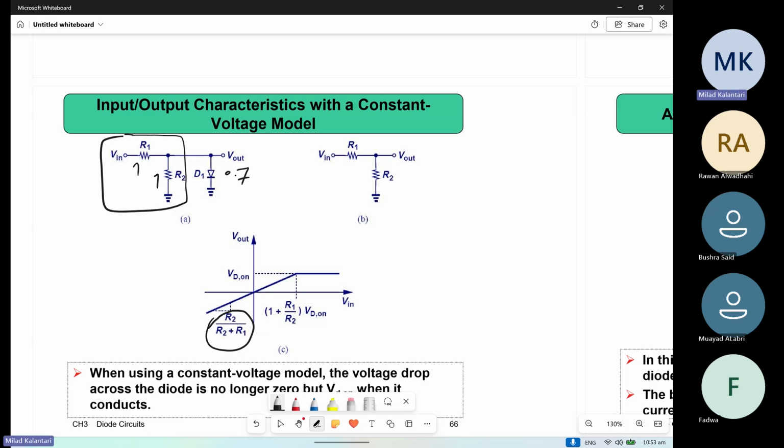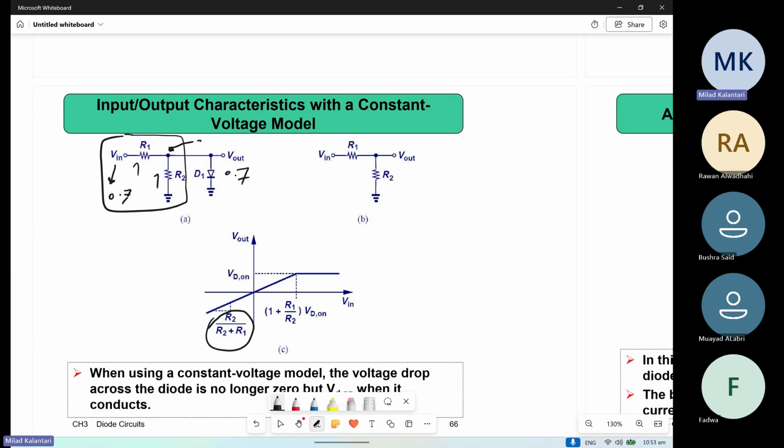So what if I put here 0.7? Need to solve it, right? If I put 0.7, then we should see whether the voltage here has reached 0.7 or not yet.